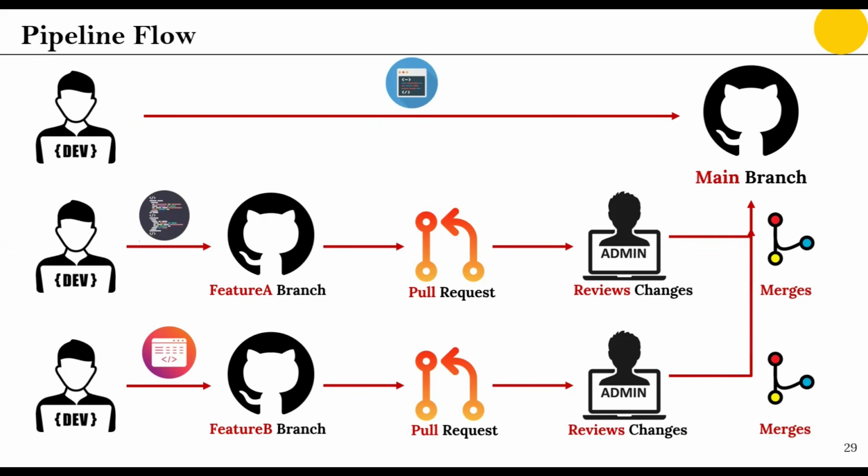This is how the production level deployment will happen in real-time scenarios. And this project completely focuses on this entire workflow from scratch to the end. I hope you got the workflow of this entire project. This is the same workflow which we are going to implement throughout this project.